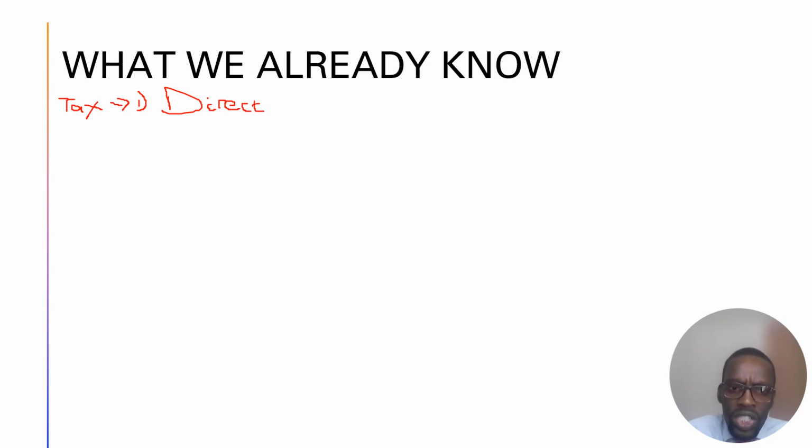Okay, so we have direct taxes, and an example of such a direct tax is pay as you earn, which is normally called the PAYE. So PAYE means pay as you earn. Okay, so this one is an example of a direct tax.